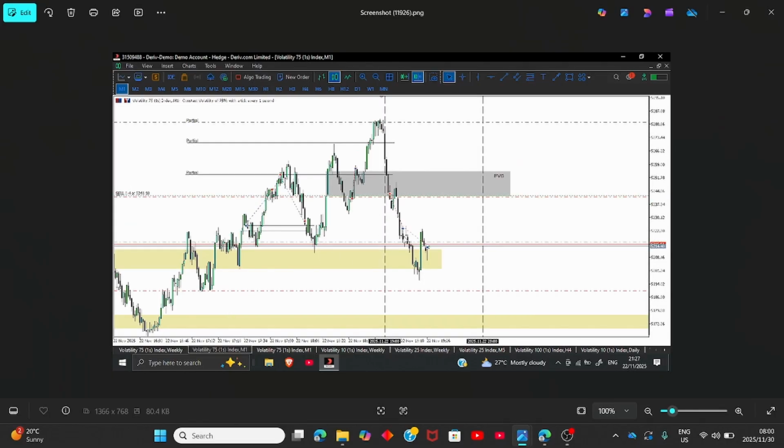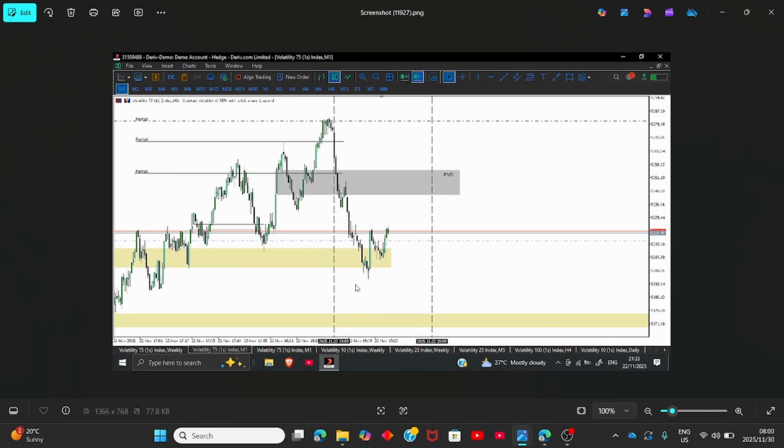So you can see I did collect some partials along the way, and eventually I do close it out. I did try to say maybe it may run to this sell side that I initially had in mind, but it didn't. So eventually I closed the trade out here. But the principle is in understanding or utilizing that time signature for that last hour, right?